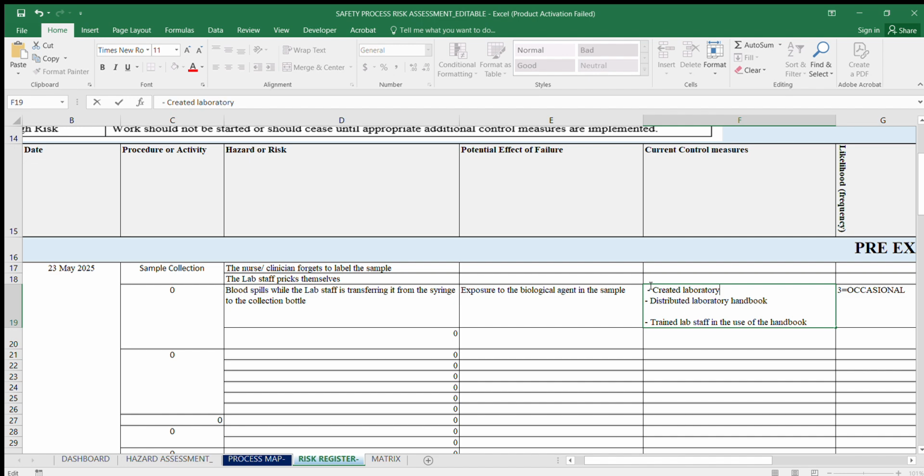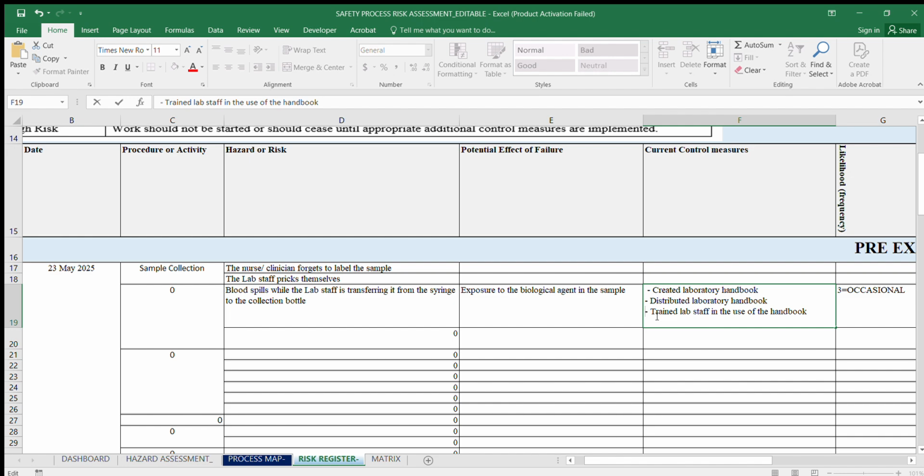Not only have you created this laboratory handbook, you've also distributed it. And then maybe after you distribute it, you've trained everyone responsible for collecting, requesting, or transporting samples on how to use the laboratory handbook. So you've created, distributed, and trained people.